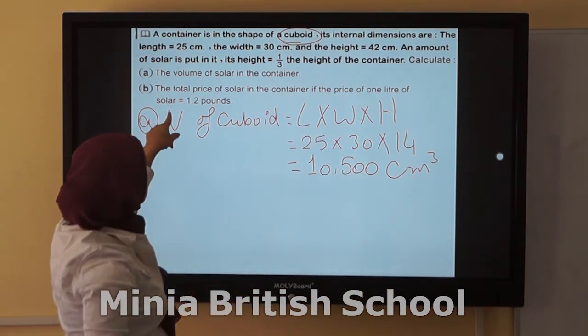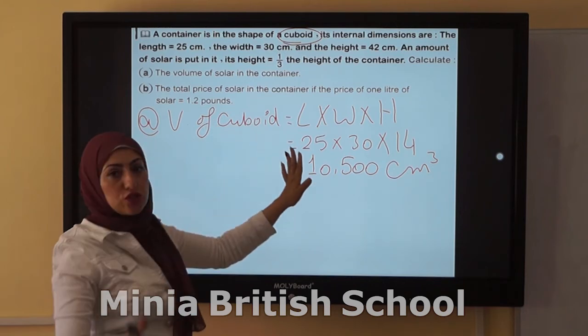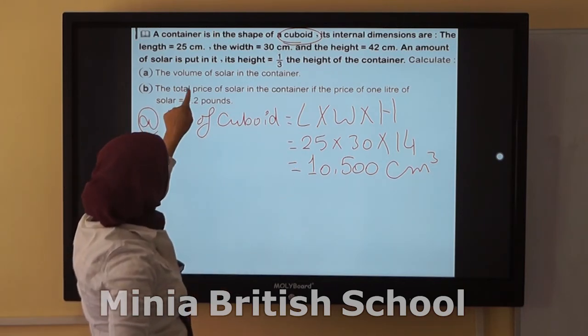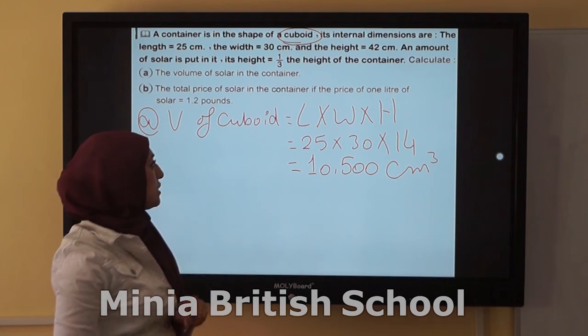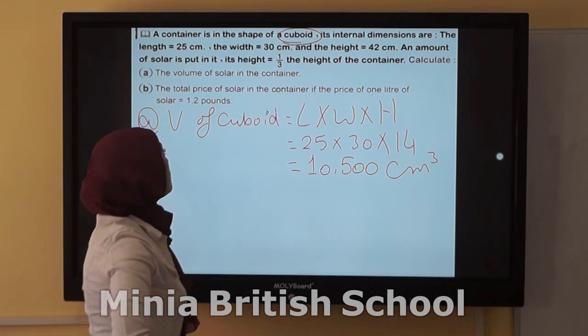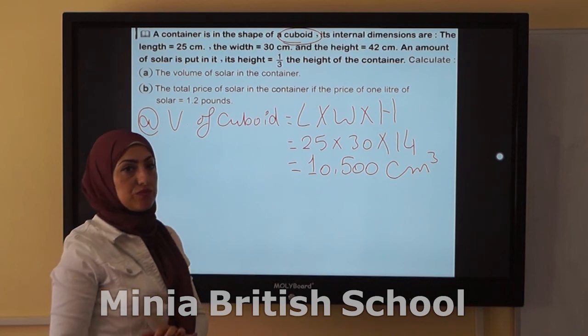Then here, the total price. Here I finished the first question. The second question: the total price of solar in the container. The price of 1 liter of solar equals 1.2 pounds.